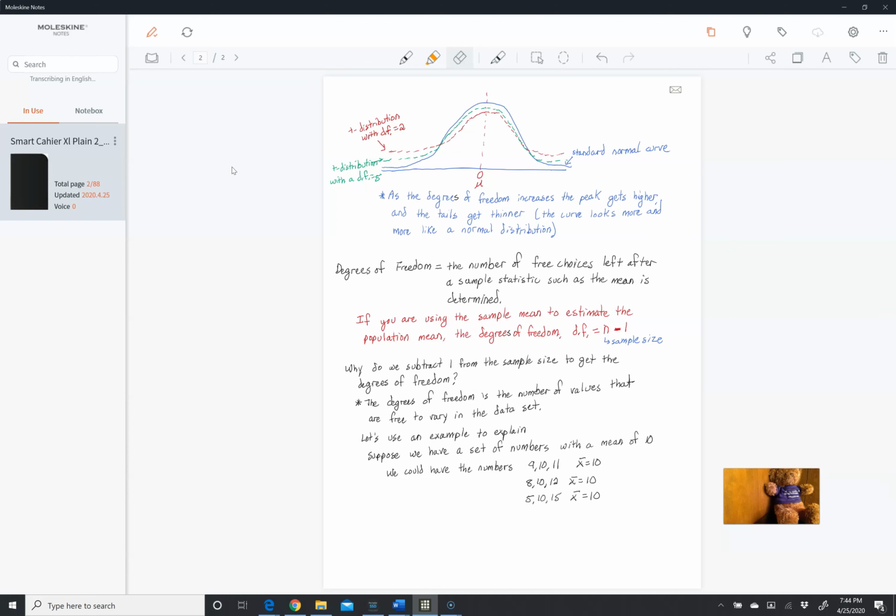Okay. Once you have chosen the first two numbers, if we take two numbers, once we've chosen the first two, like if we chose 9 and 10, the third number is fixed. There is only one number that you can choose that'll give you a mean of 10. Okay, so if you pick three numbers with a mean of 10, after you've chosen the first two, you have no choice in the other numbers.